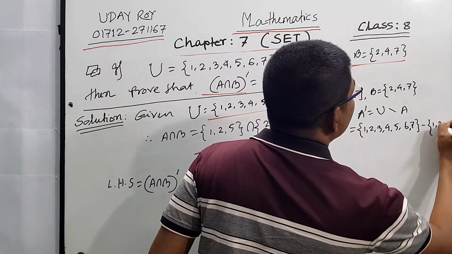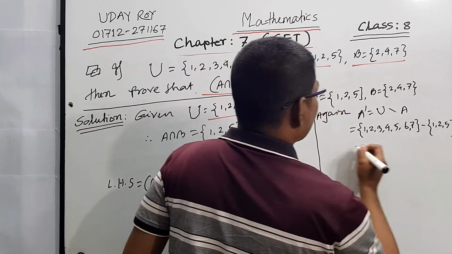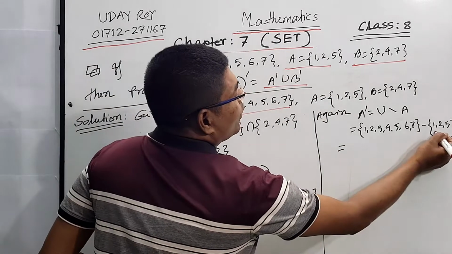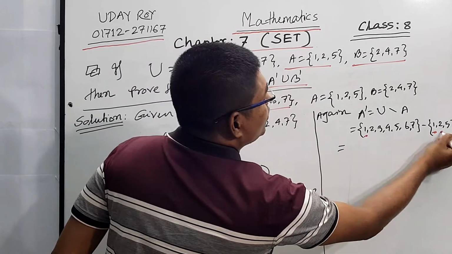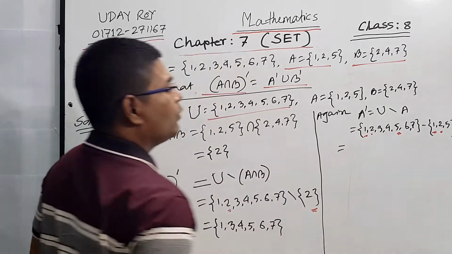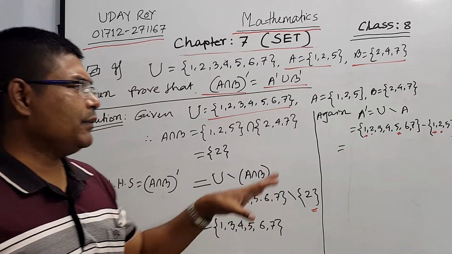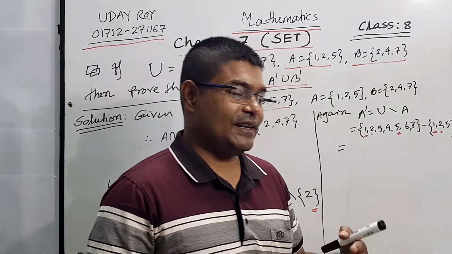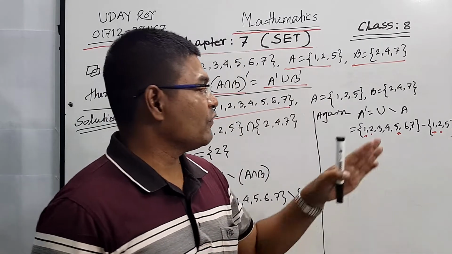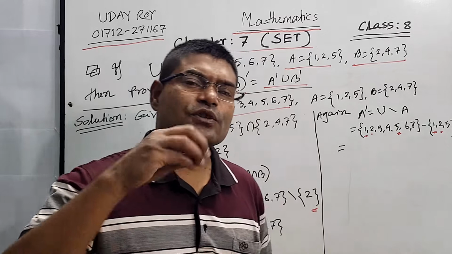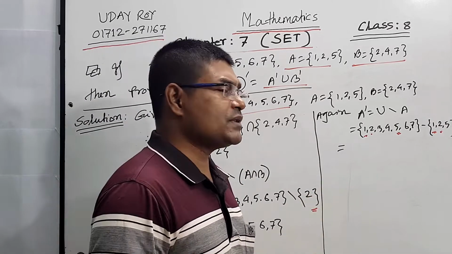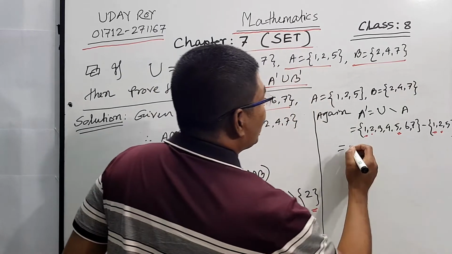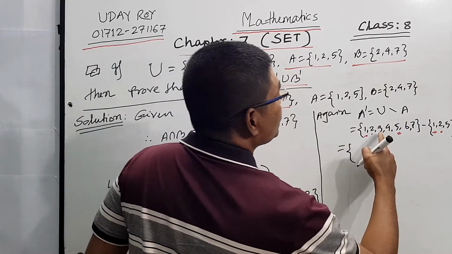For this type of maths, use a pencil. Otherwise elements will be left out. So you have to use a pencil. Then if you start, it will be easy for you. So 1 out, 2 out, 3, 4.